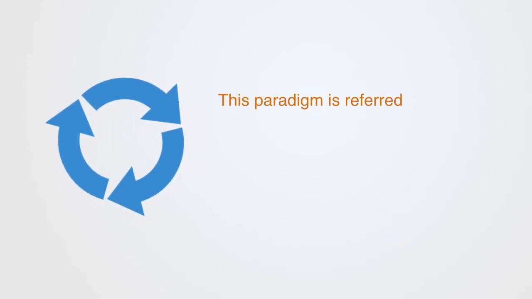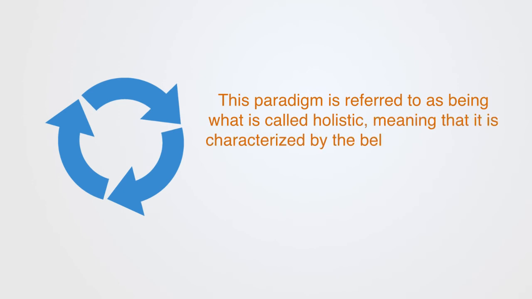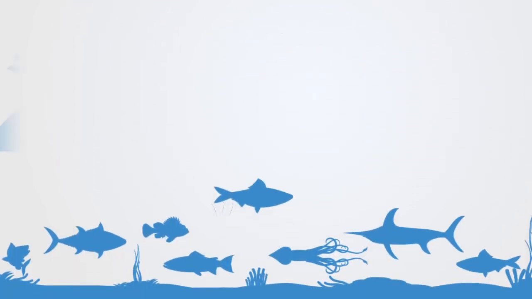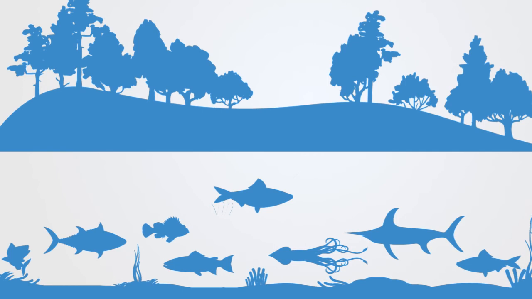This paradigm is referred to as holistic, meaning that it is characterized by the belief that the parts of something are intimately interconnected and explicable only by reference to the whole. Synthesis means the combination of components or elements to form a connected whole. It is a process of reasoning that describes an entity through the context of its relations and functioning within the whole system that it is a part of.